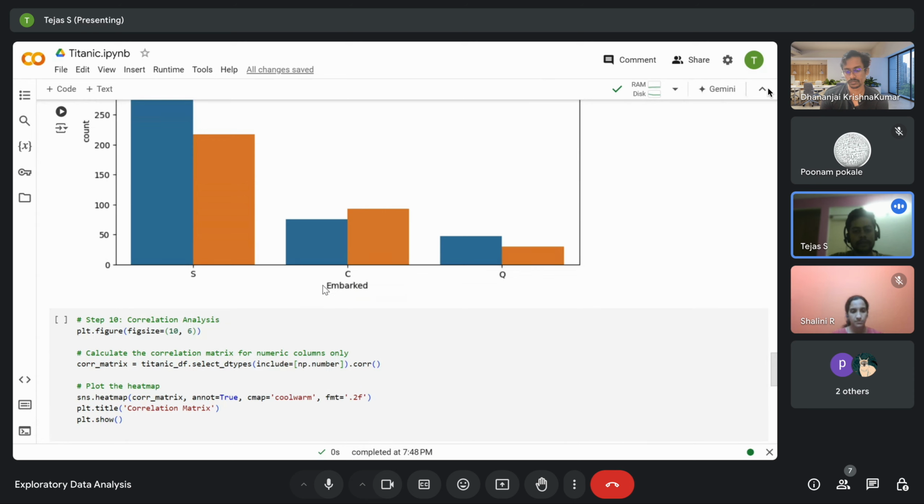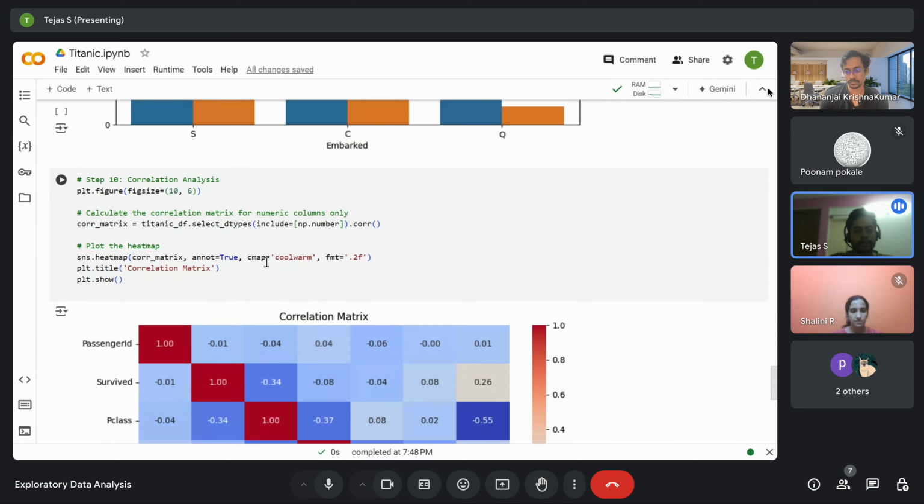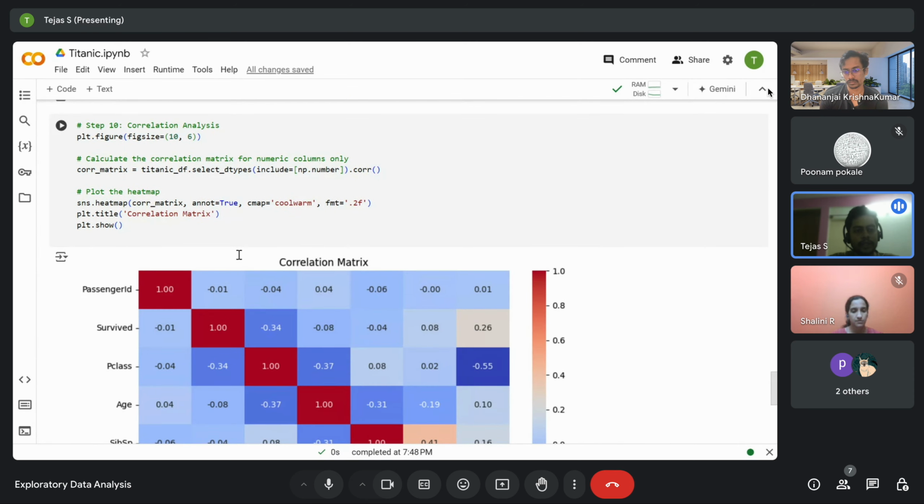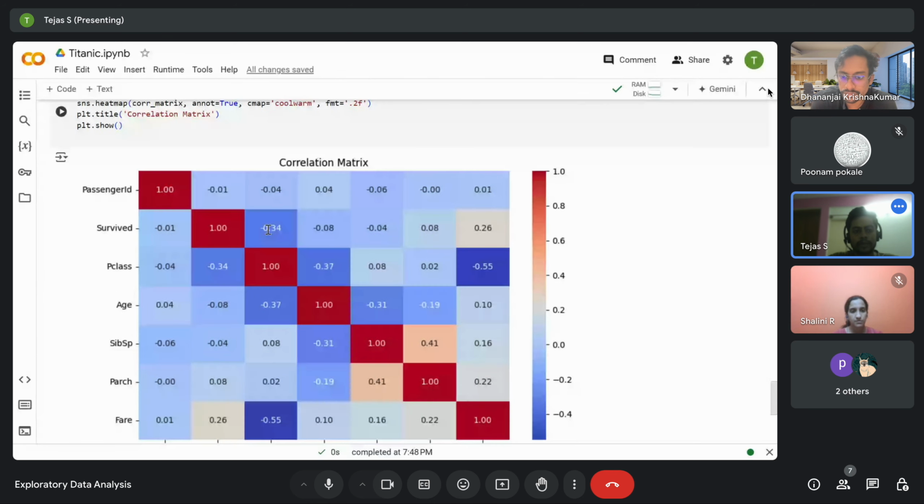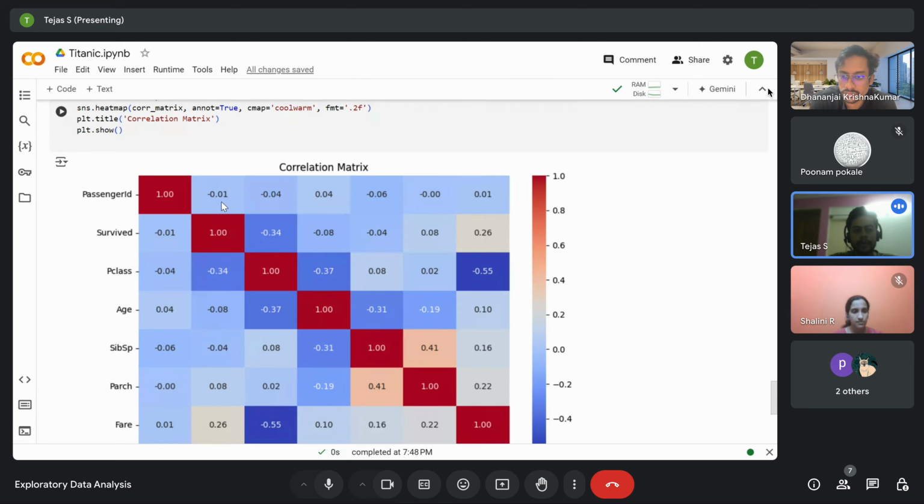So these were pretty much the data analysis. And the last step is correlation analysis. I have added a heat map over here to show which column is dependent on another column. The cooler colors like blue indicate less dependency, whereas the warmer colors like red indicate maximum dependency.